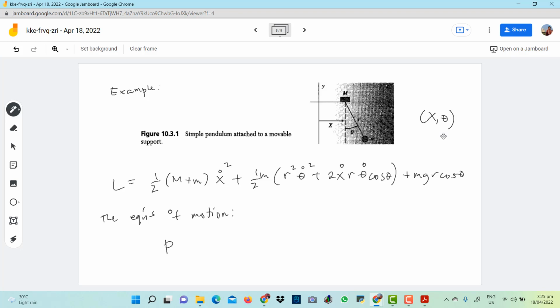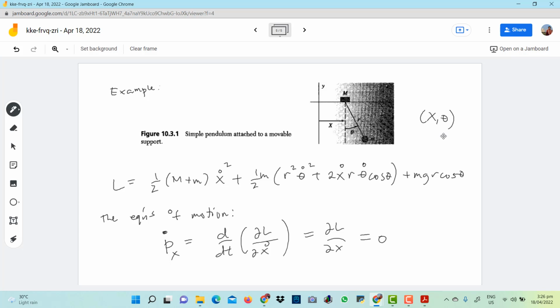If I solve the Euler-Lagrange equation in terms of x, I have this, right? P dot x, in terms of momentum, is d/dt of partial L with respect to x dot, which is equal to partial L with respect to x. This is actually equal to 0, because, as you can see, your L is not a function of x, but a function only of x dot and theta dot.